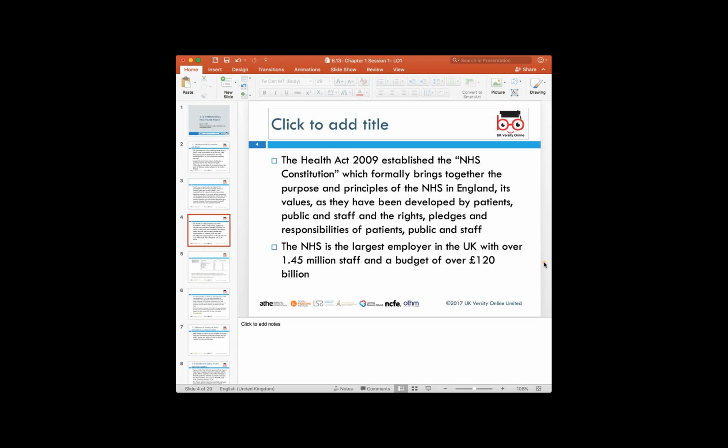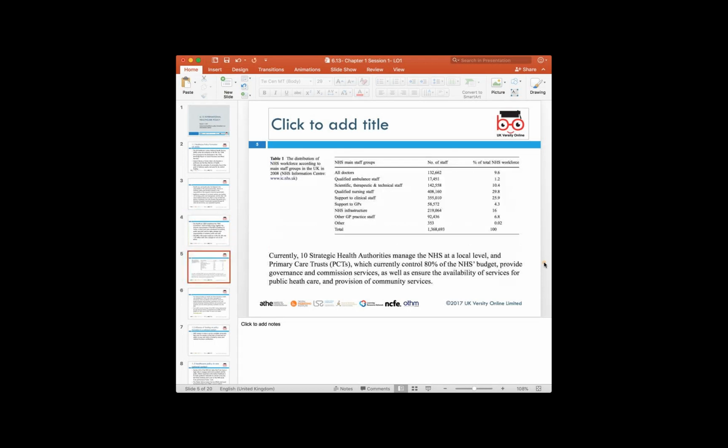Even though we hear of shortages that the NHS is short of 50,000 staff in terms of doctors, nurses, and healthcare professionals, we are looking at in excess of about 1.5 million people working within this sector, and the government providing funding and budgeting to the extent of between 120 to 150 billion. Now, this gives you a bit of a breakup.